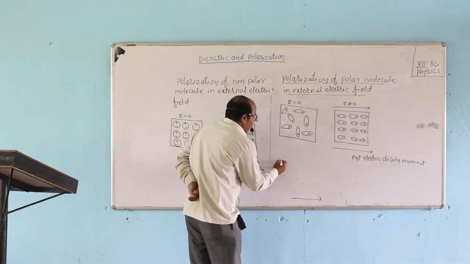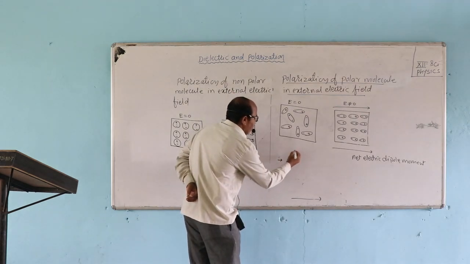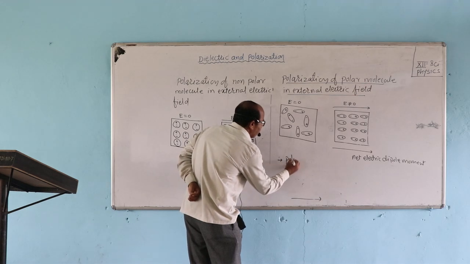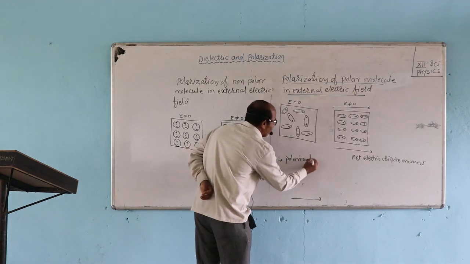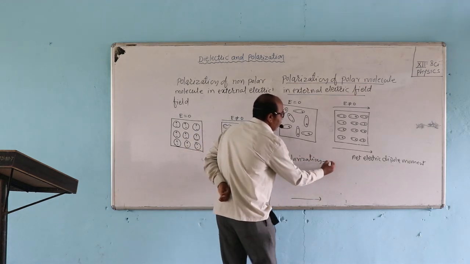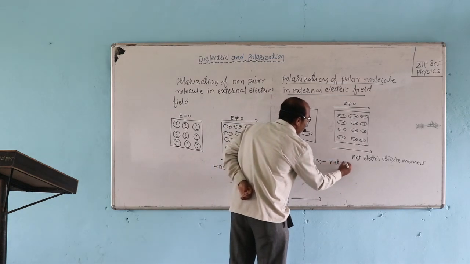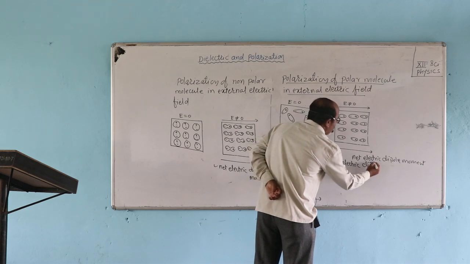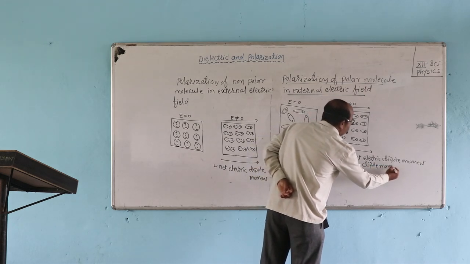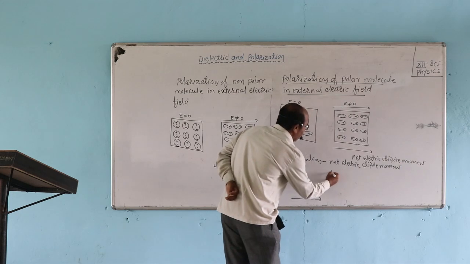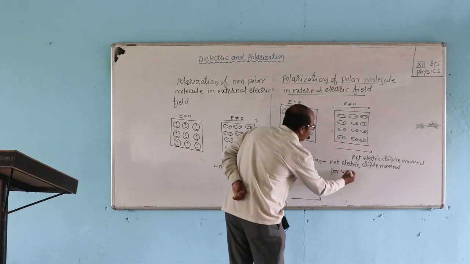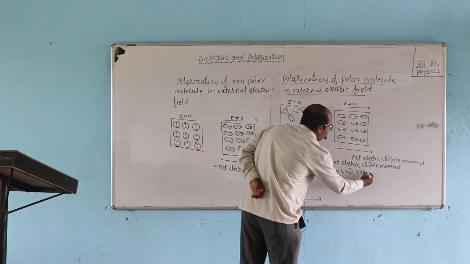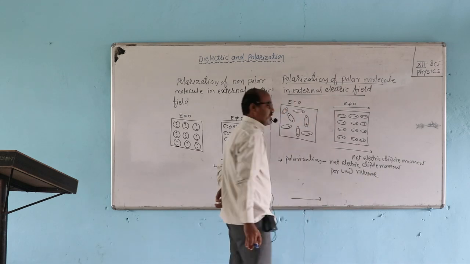The electric dipole moment per unit volume is called polarization. Net electric dipole moment per unit volume is called polarization.